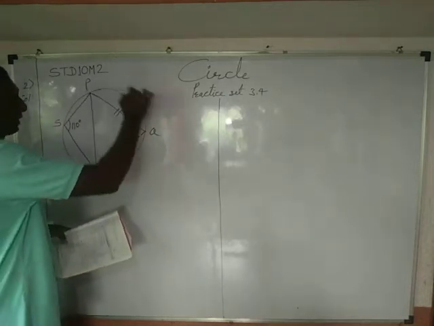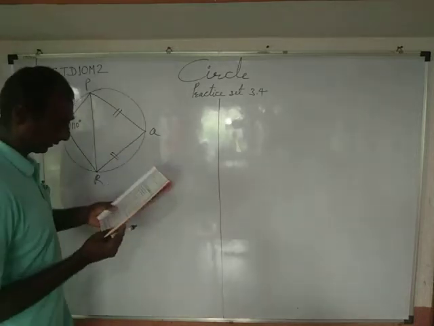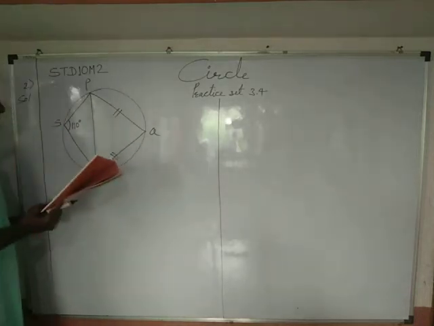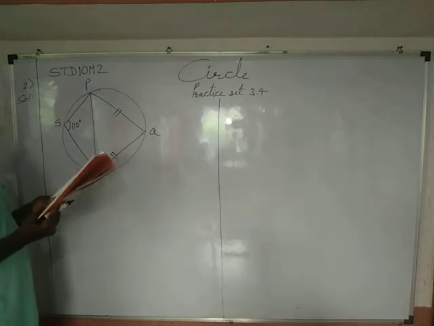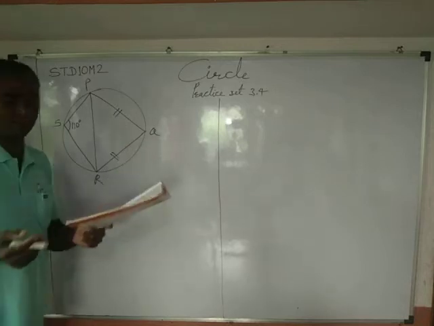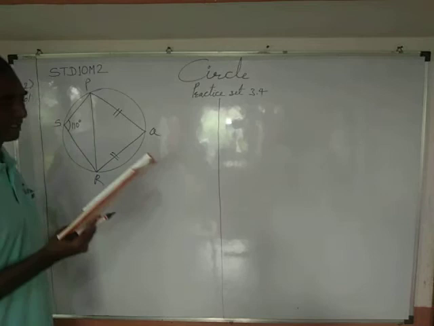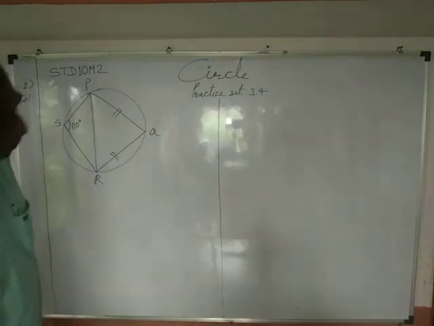So the measure of arc PQR will be twice 110, which is 220 degrees. The measure of arc QR we will find, and the measure of angle PRQ also we can find. Now let's find the values of these angles and measures one by one.